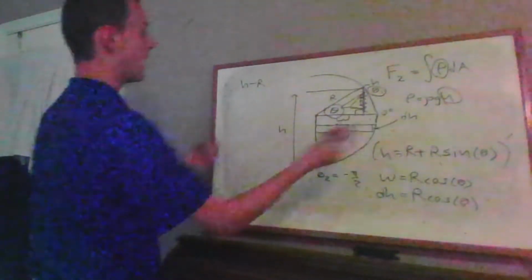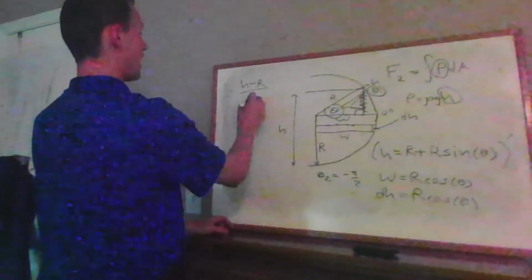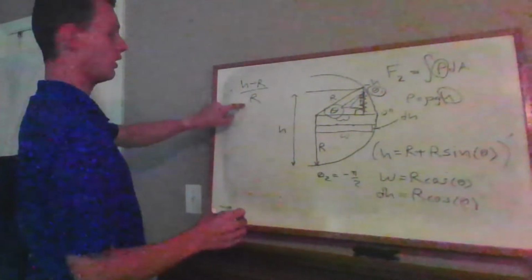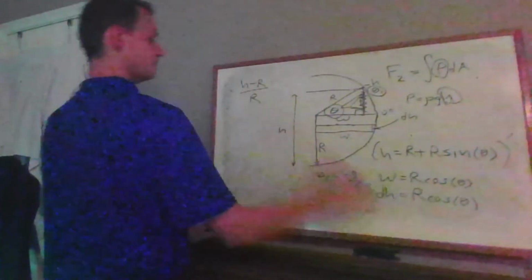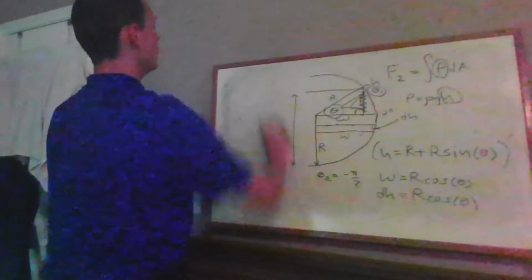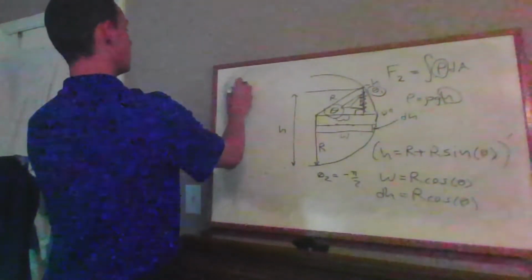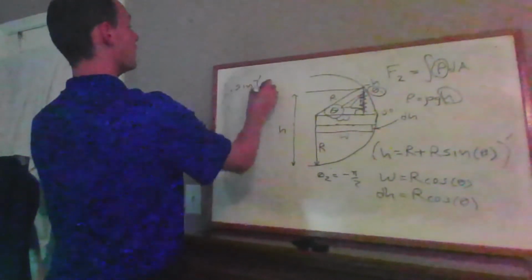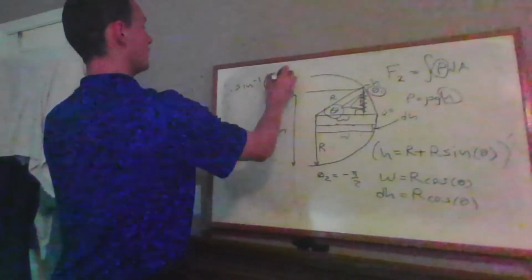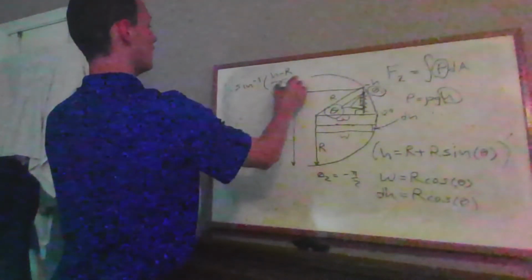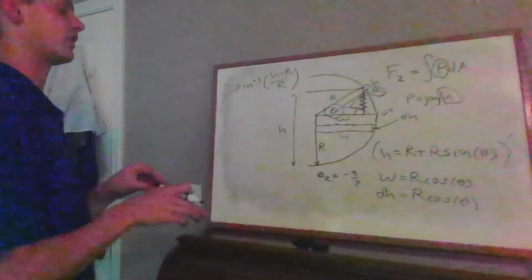So what angle is that? Well, we have that opposite over the hypotenuse. I shouldn't have drawn it that big, but this is going to be the arc sine of that. And don't worry, I am going to rewrite all of this again.